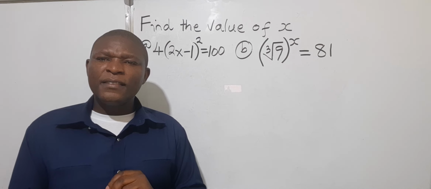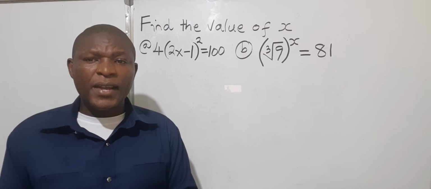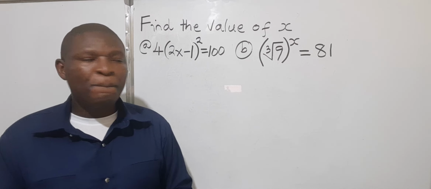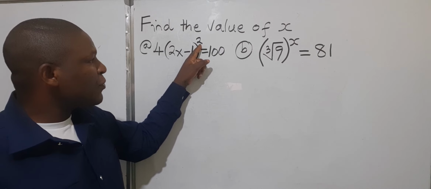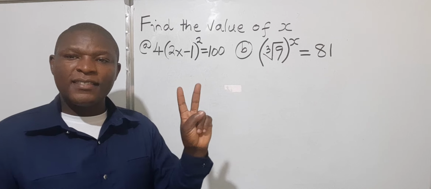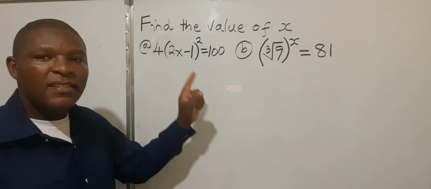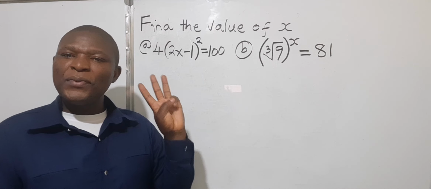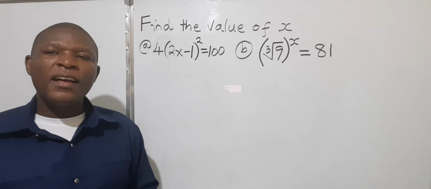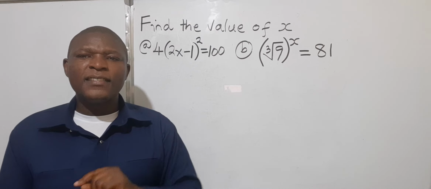Let me just explain a few concepts that we don't emphasize when we are teaching questions like this. If it is raised to power 2, in most cases, the answers are going to be 2 answers. If it is raised to power 3, in most cases, the answers are going to be 3. There are rare cases where it is raised to power 2, for instance, but then there's only one answer.